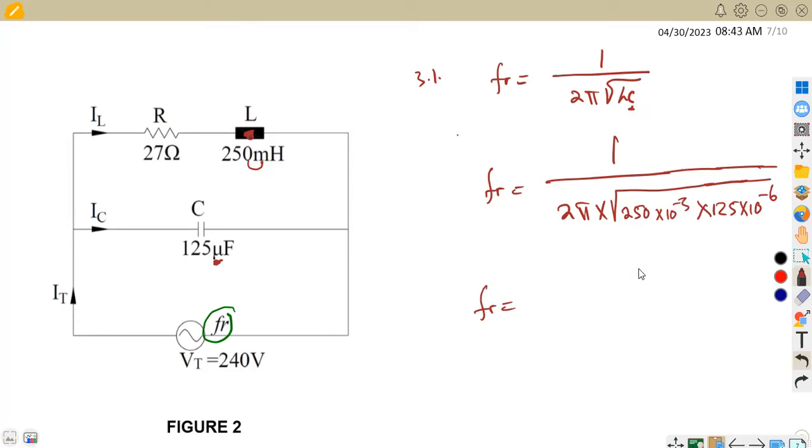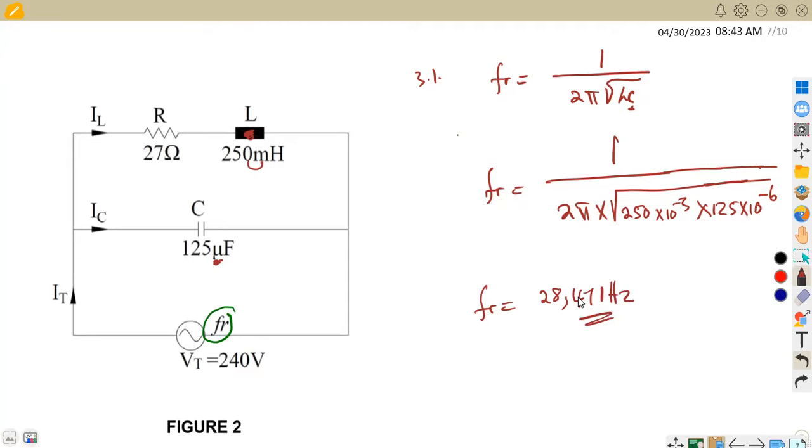Taking pi to be 3.142, or you can just use the pi of your calculator as it is, we obtain 228.4705, which rounds to 228.471 hertz.